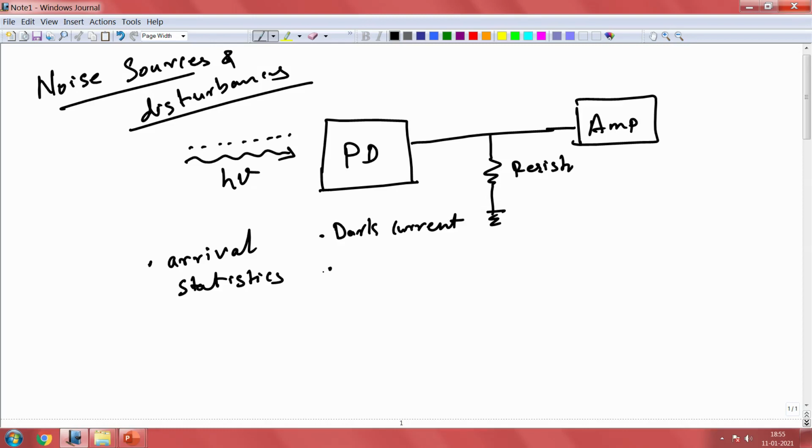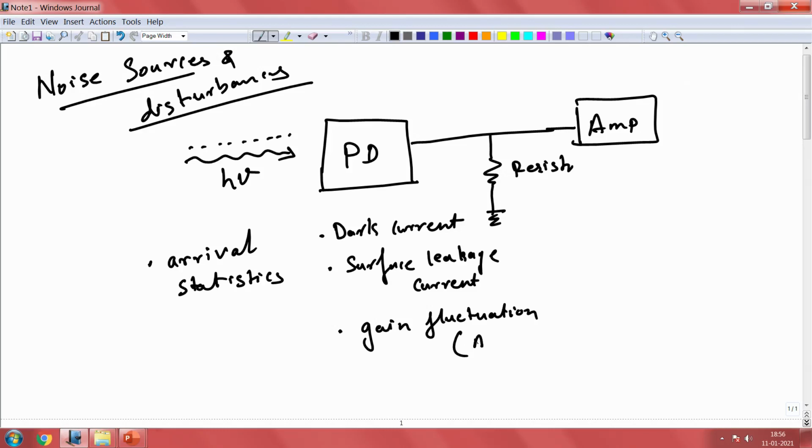You could have surface leakage current when you have a detector. And when you look at avalanche type diodes, you could have gain fluctuations, particularly in avalanche type devices.